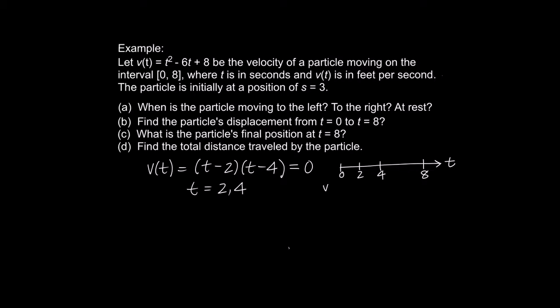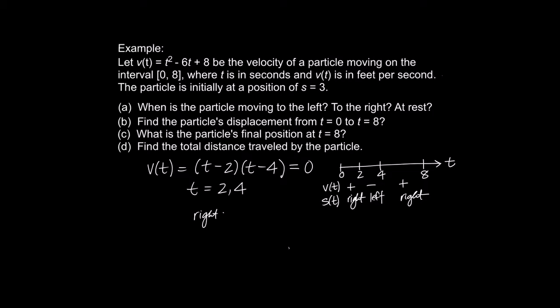So if I have v of t on this line and I just test values, I'm going to get positive, negative, positive, which means that the particle is moving to the right here, moving to the left there, and moving to the right there. Okay? And so the answer to part A is simple.